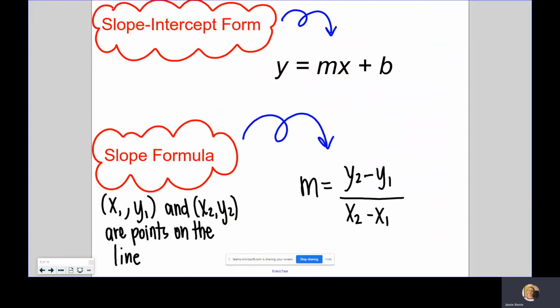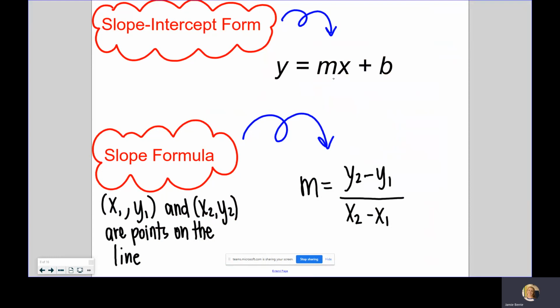All right, so first of all, this is slope-intercept form. This is the equation for slope-intercept form. Slope-intercept form is expressed as y equals mx plus b. X and y are your variables. These variables could be replaced with anything.